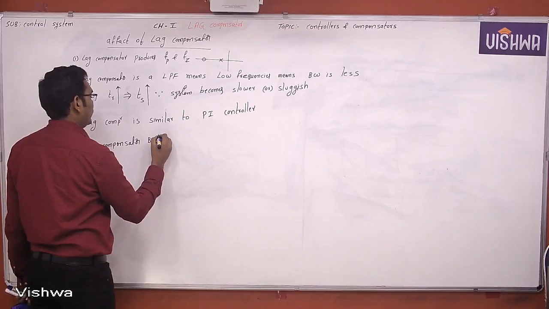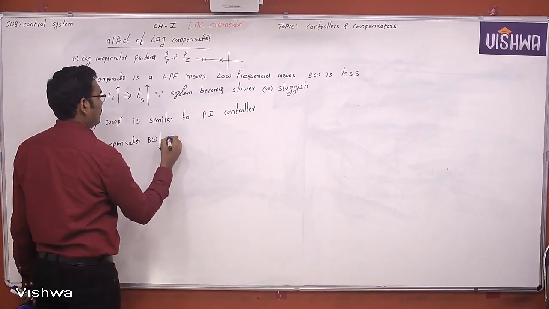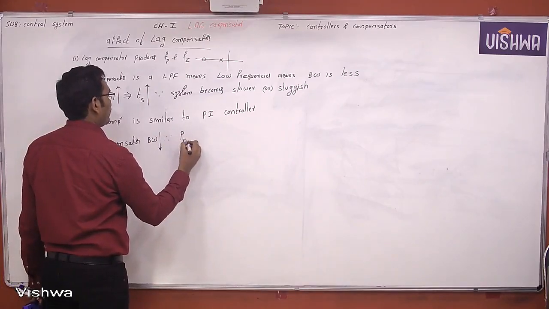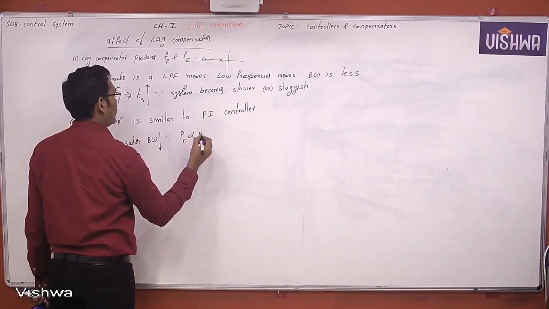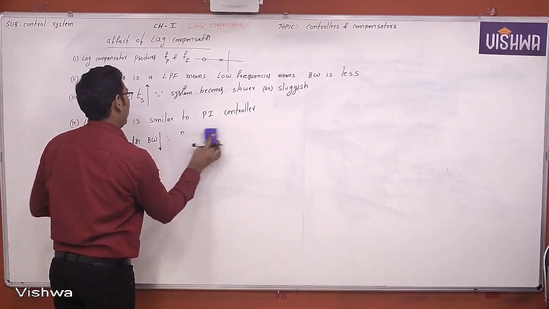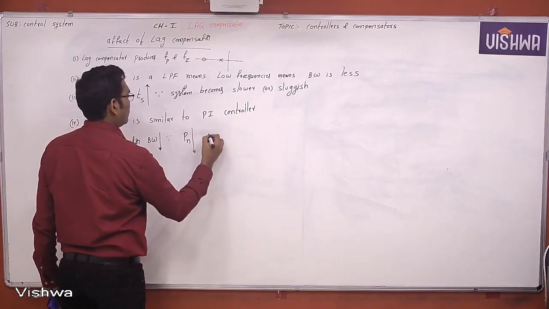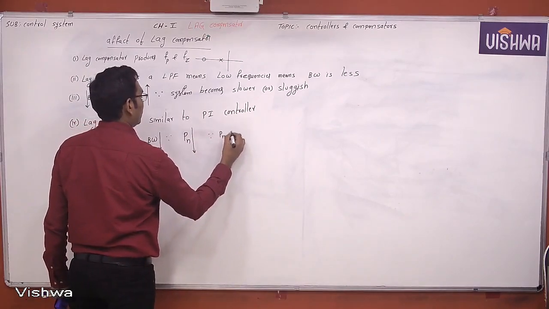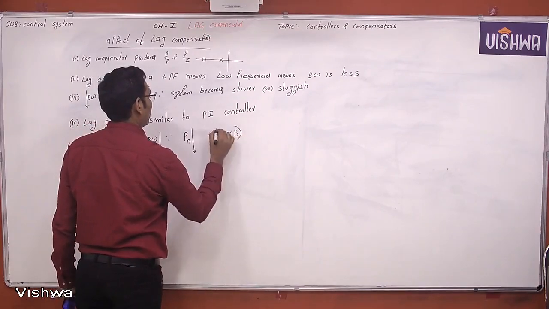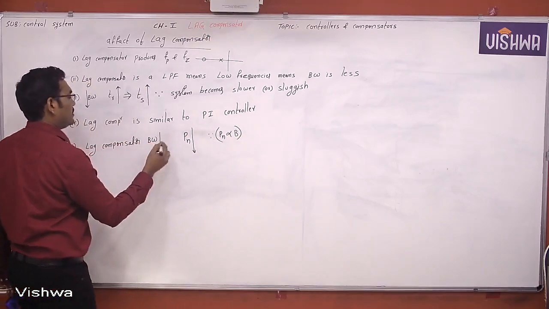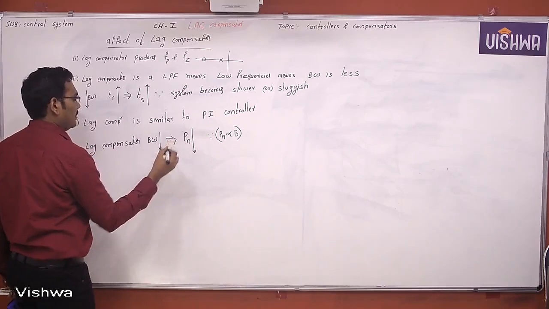Next, in the lag compensator, bandwidth decreases. Noise power is directly proportional to bandwidth. Therefore, noise power decreases.